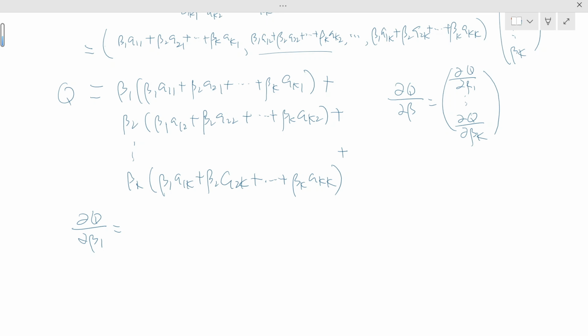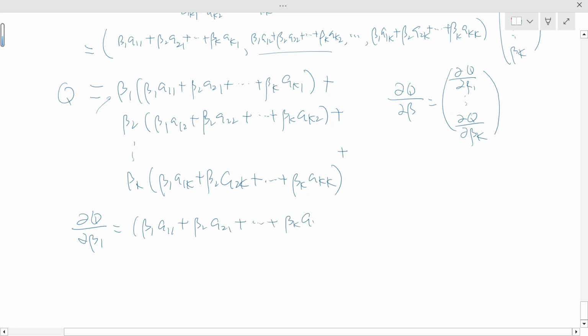So let's look at these first terms here. There's a beta 1 here, so differentiate. Now we need to use the chain rule in calculus. So we get beta 1 A11 plus beta 2 A21 plus beta k AK1.